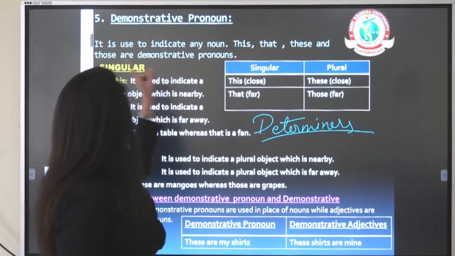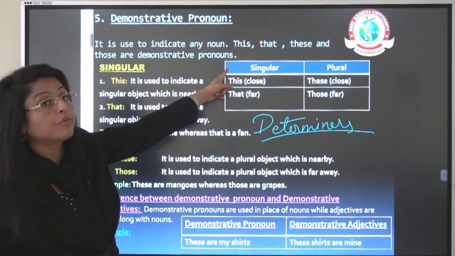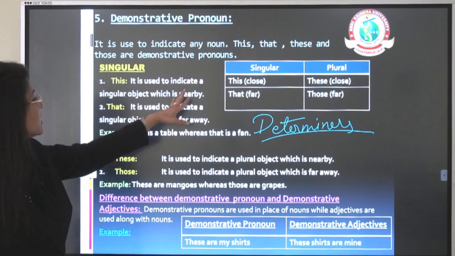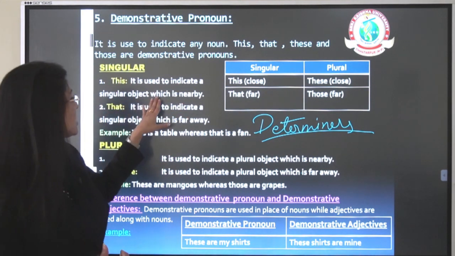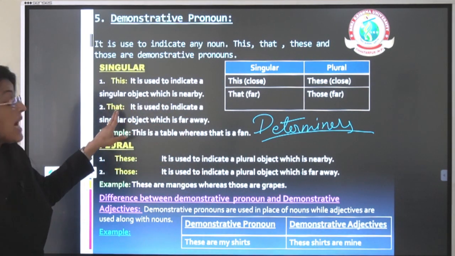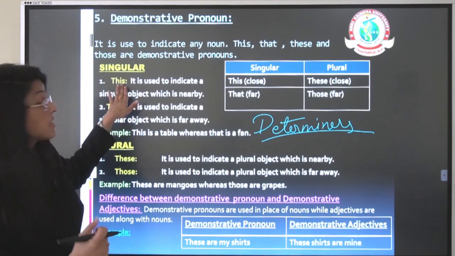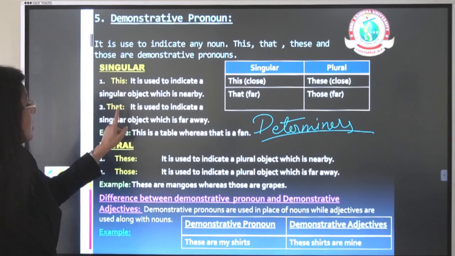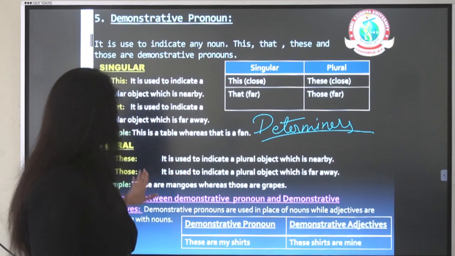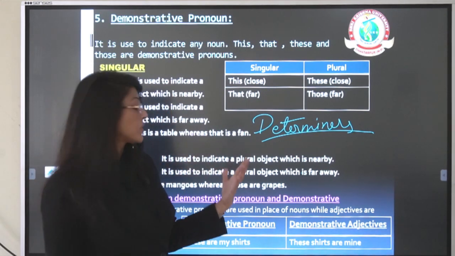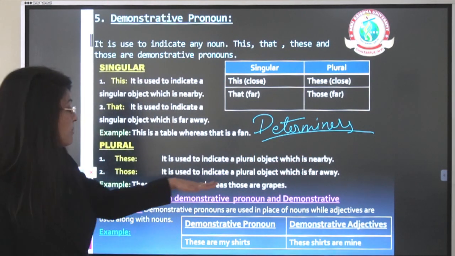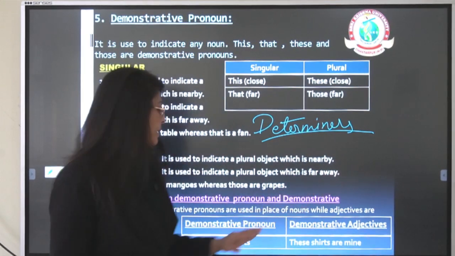This, that, these, those are the demonstrative pronouns. Simple, easy, nothing different. Same thing which I explained to you. That is used to indicate the subject or an object which is kept far and is singular. This is close and singular. These indicates the plural subject or object which is nearby, those indicates the plural subject or object which is far away. Okay.